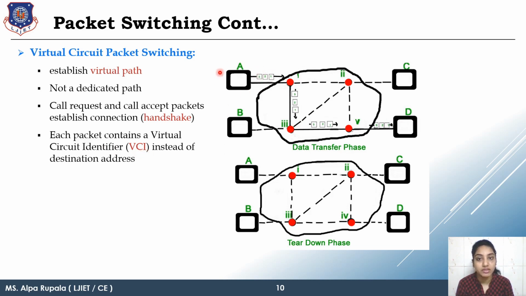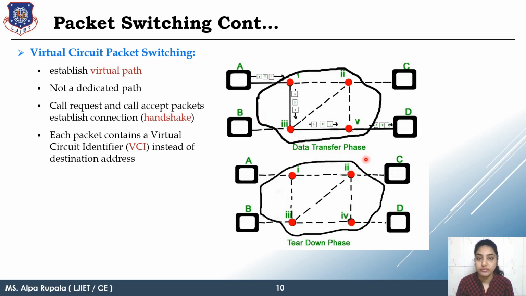Now you do not have the source and destination address. In their place, you have VCI data in each individual packet. And this path is not a dedicated one, which means any other user can use this path effectively. Circuit switching has three basic parts: call establishment, data transfer, and then call disconnect. Similarly, you have two phases over here.